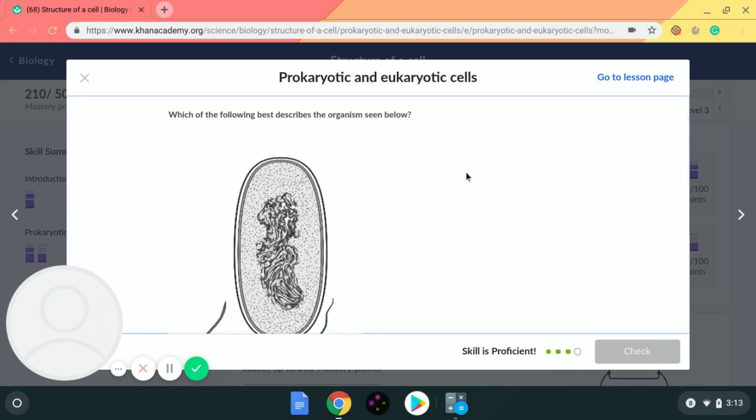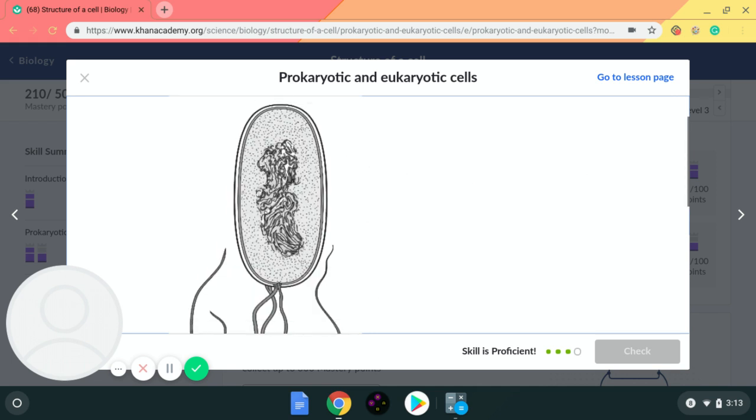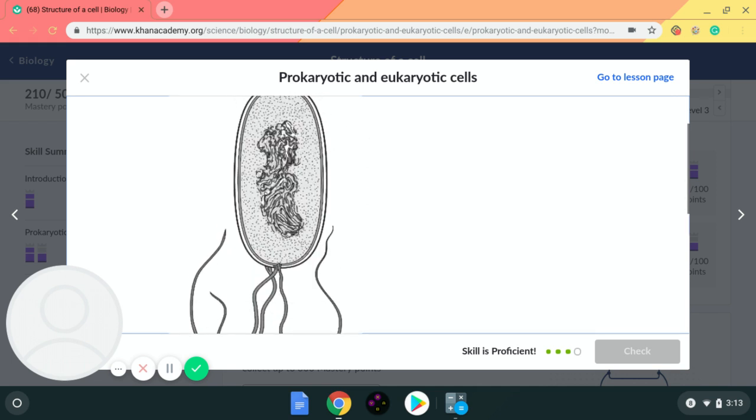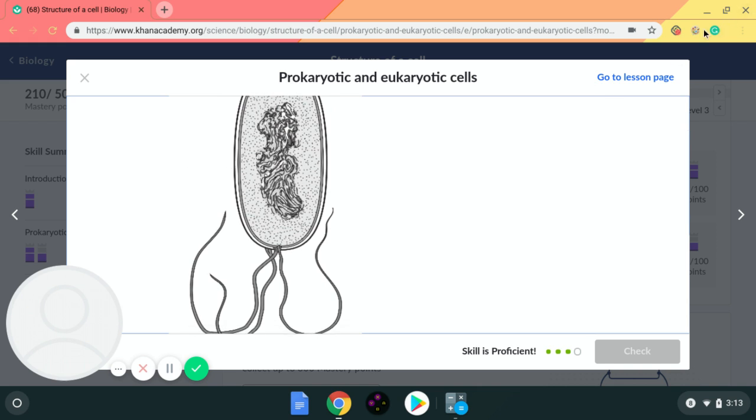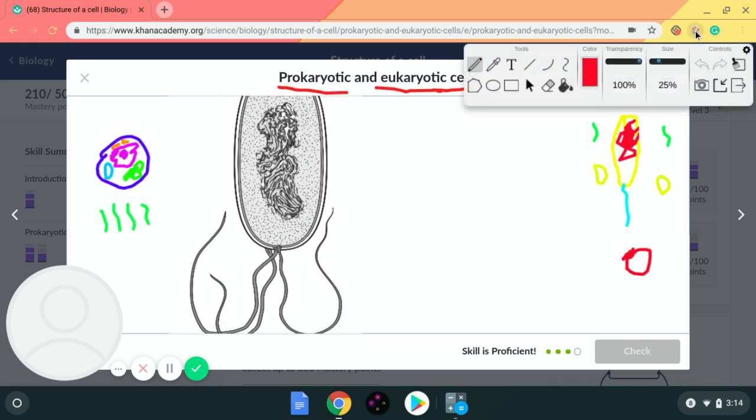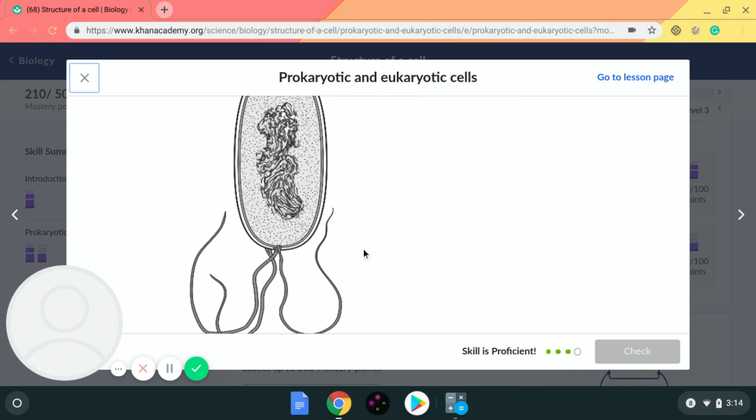Which of the following best describes the organism seen below? Now, you can automatically observe that there is no nucleus. Tell me where you see one. Spoiler alert, there isn't one, which automatically means that this is a prokaryotic cell, and no further observation is required.